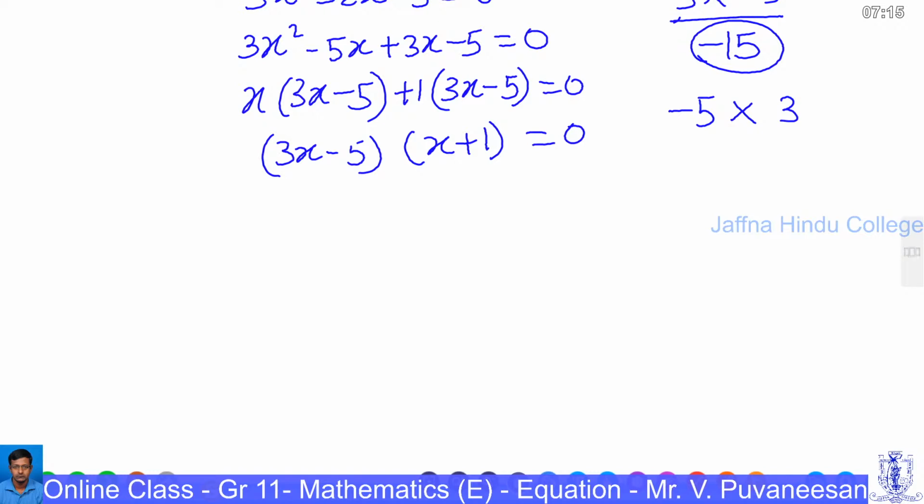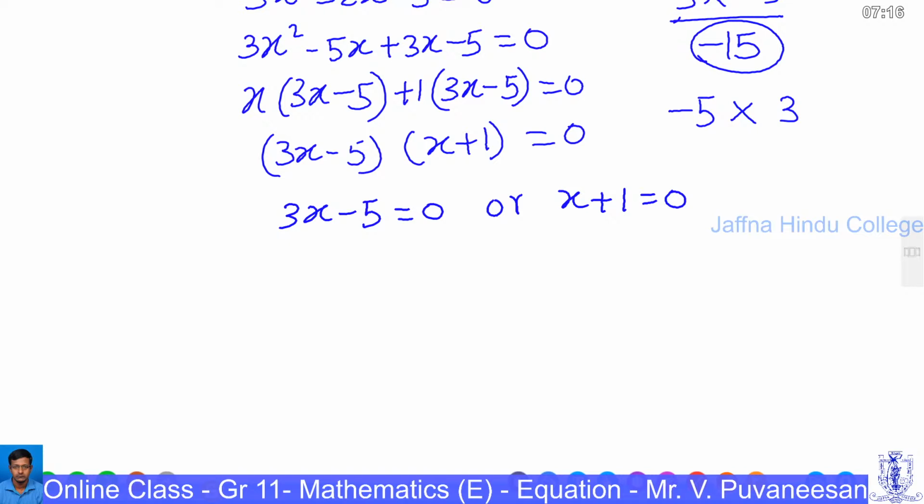So we put 3x minus 5 equals 0, or x plus 1 equals 0.